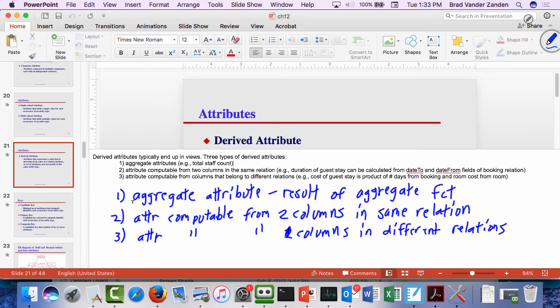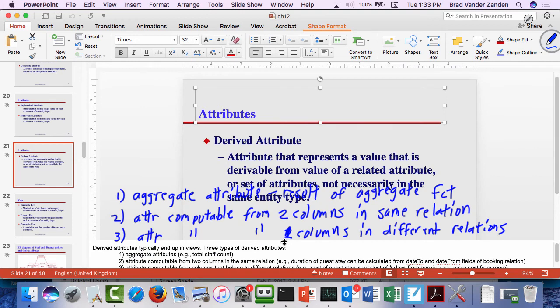So you typically don't want to store it physically in a base relation because it's likely to get you inconsistency. Now, these derived attributes often show up in views because you often care about them in views. But views get maintained by the system whenever the underlying base relation changes. So that's something the database takes care of for you.